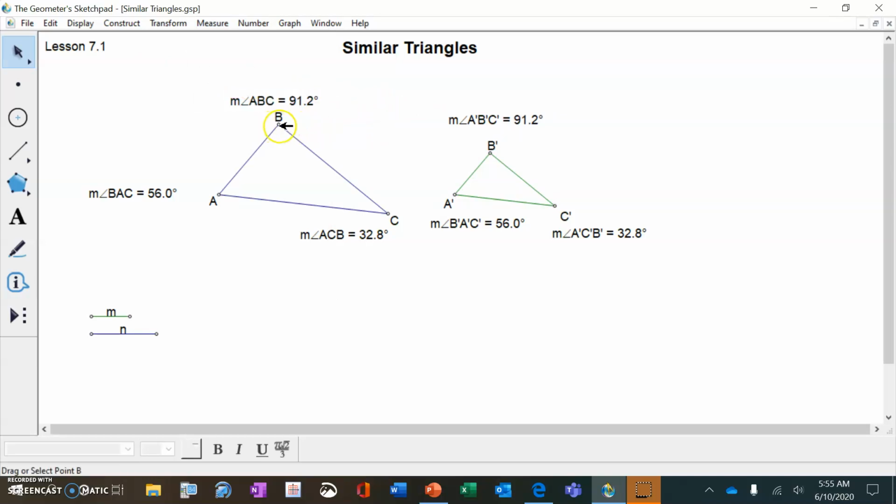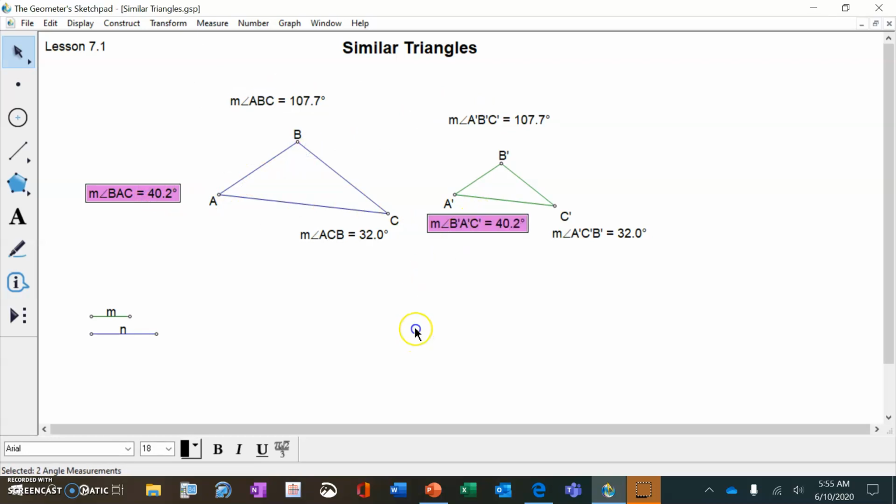Now, if I adjust the triangle, see how the corresponding angles are still equal. Angle A and A prime are equal. Angle C and C prime are equal. So it seems that the first part of that definition says corresponding blank are blank. I think we could say corresponding angles are equal.